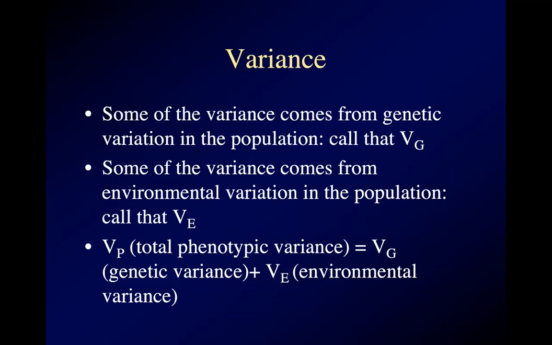Okay, this class varies in height. Some of you are taller and some of you are shorter. So we could calculate the total phenotypic variance in the class. Some of the variance comes from the fact that you've got different genes. Some of the variance comes from the fact that you've been exposed to different environments.